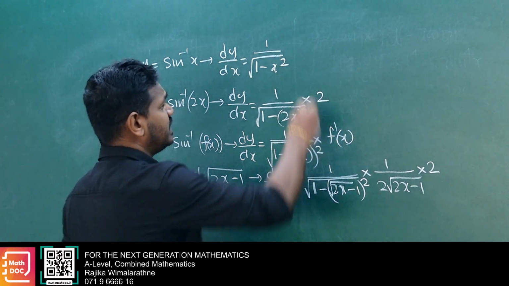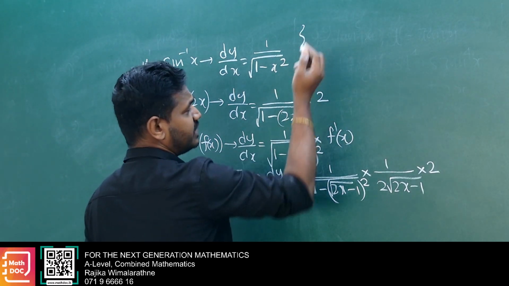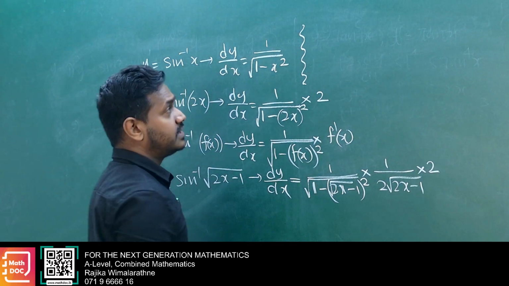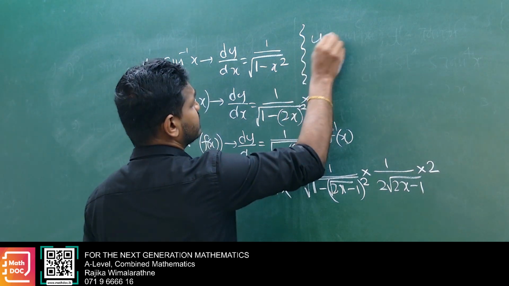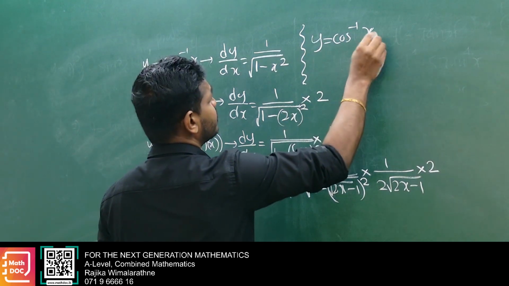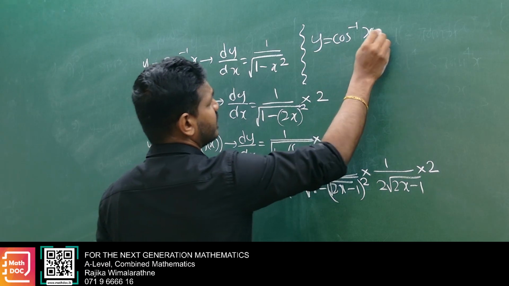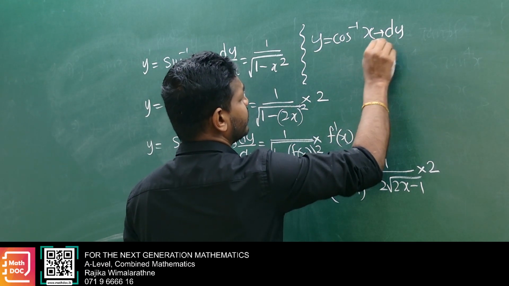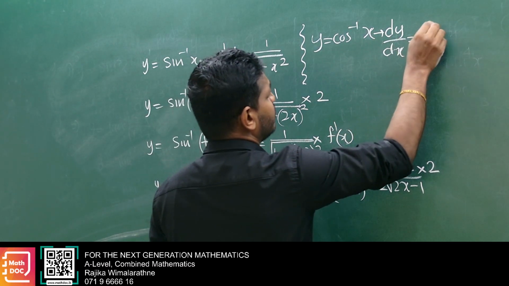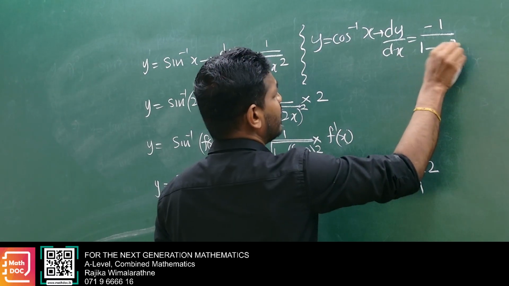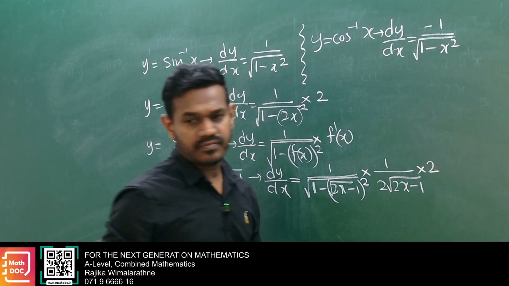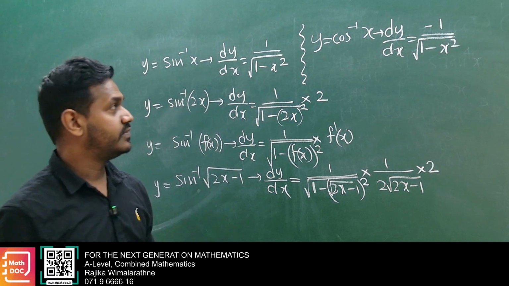Likewise, we have different inverse functions. y equal cos inverse x: dy by dx is minus 1 over root of 1 minus x squared.